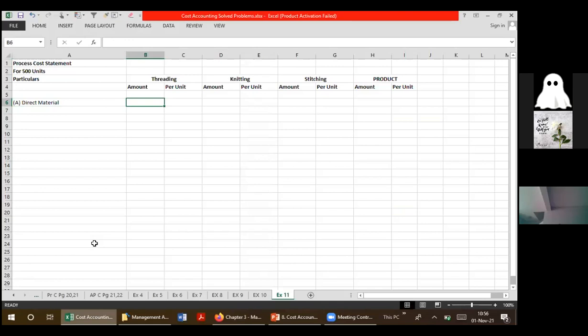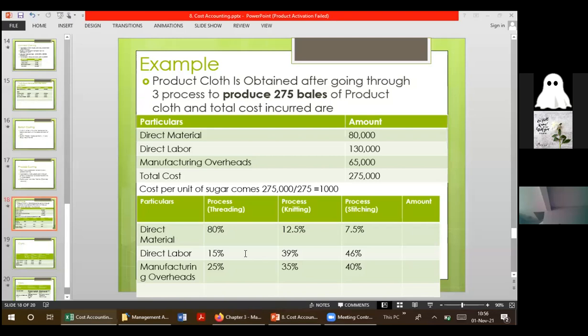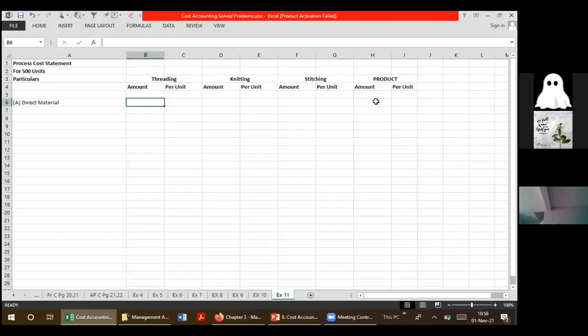Direct material amount is, for the whole product, it is 80,000. So for the product, 80,000.